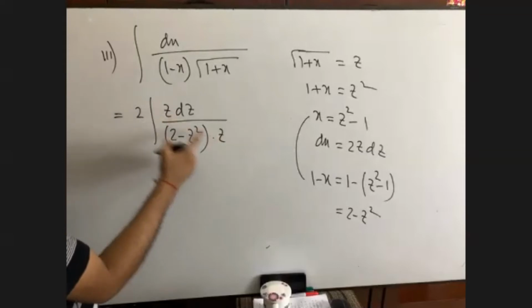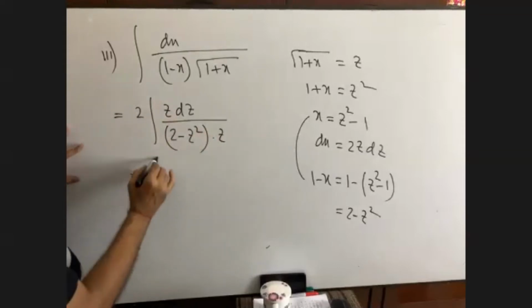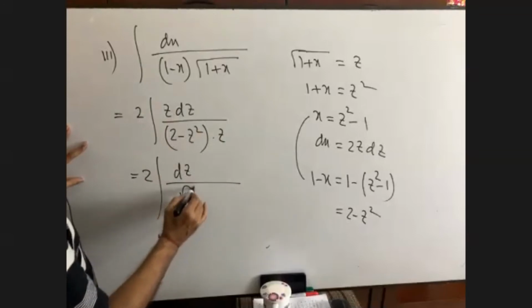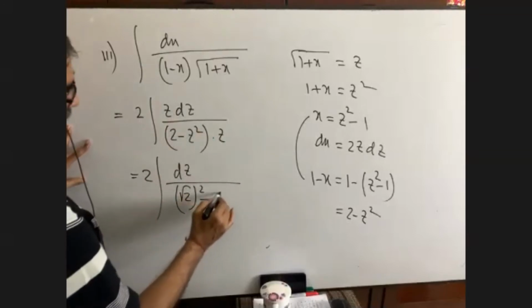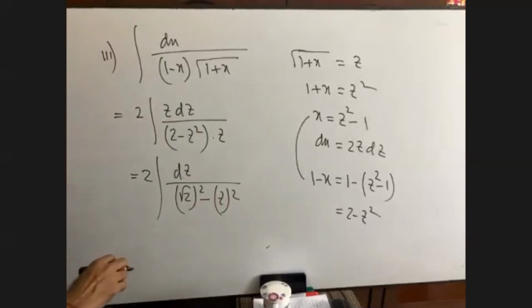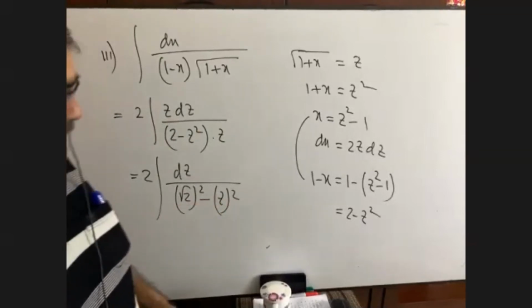You see, z will be omitted. That is 2. We can write dz by root 2 whole square minus z square, and use the previous formula of question number 2. I will not do it.